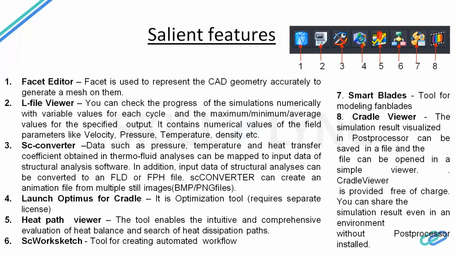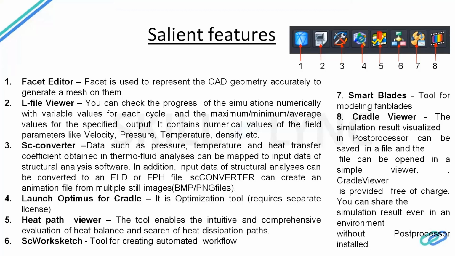The SC file converter is a very useful tool where the heat or pressure data developed in the CFD software can be converted directly into structural data. For example, pressure is a type of load acting on a structure, so this pressure information can be used as the external load in the structural analysis in any other project.